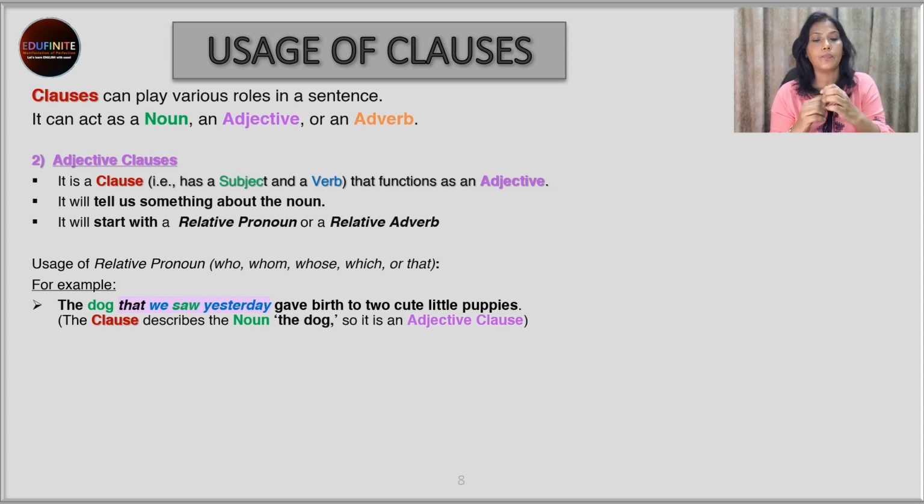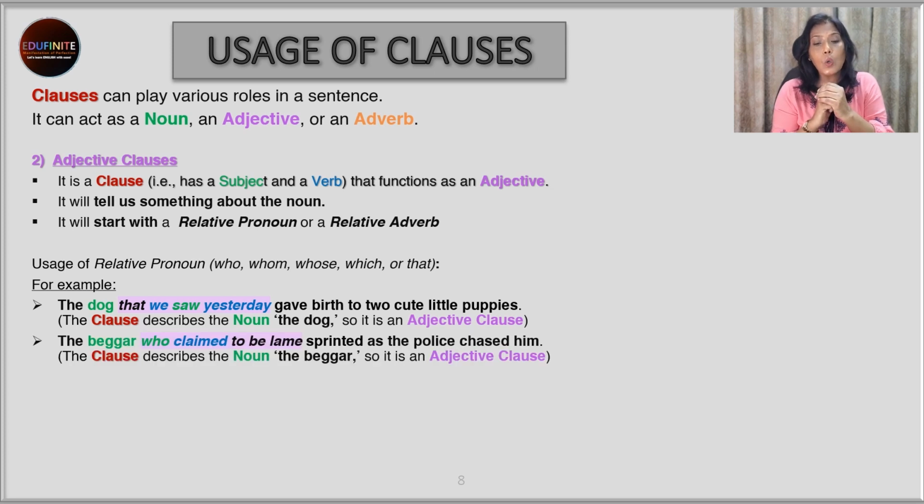Well, in the next one, the beggar who claimed to be lame sprinted as the police chased him. So maybe I met a beggar and he was begging for some money or food, and he was limping. He pretended as if his leg was not okay, making a very painful scene and trying to ask for some money.